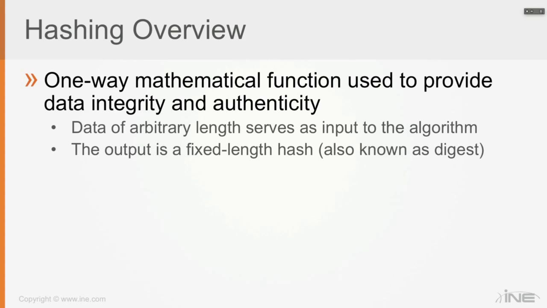So how does hashing work? Because it's a one-way function, it means that data of arbitrary length serves as the input to the algorithm, and the output is going to be a fixed-length hash, also known as a digest.